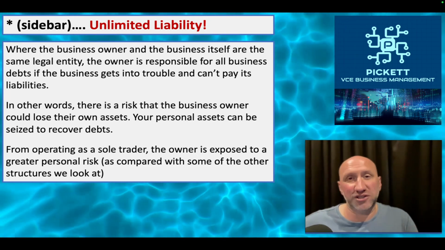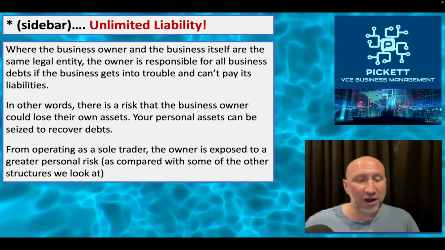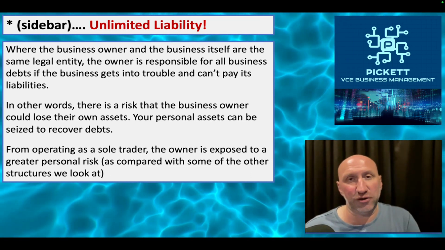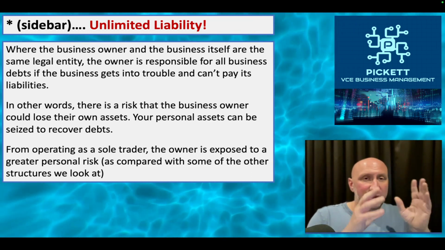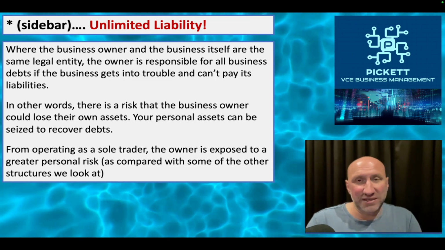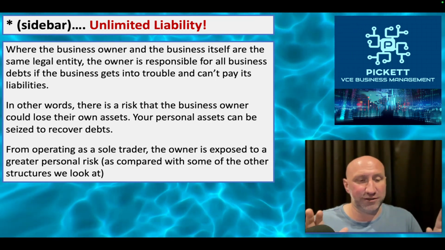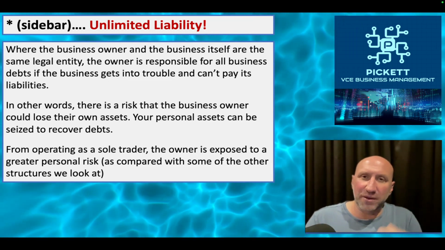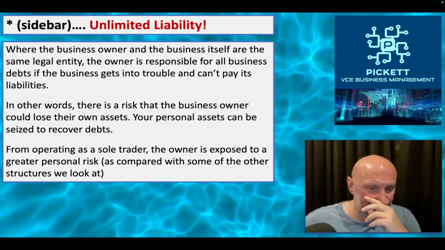Your own personal assets, house, cars, shares, whatever you might own, can be seized to recover any debts incurred by the business. And the reason being, like we just said, the business owner and the business, from a legal point of view, is one and the same thing. There is no difference. This will be contextualized a little bit more when we look at operating as a company in a little while, where that changes.